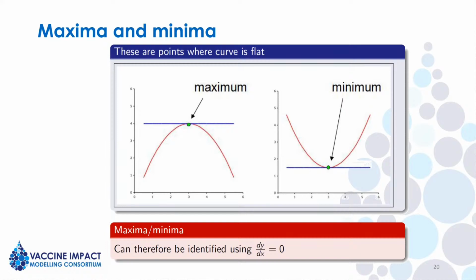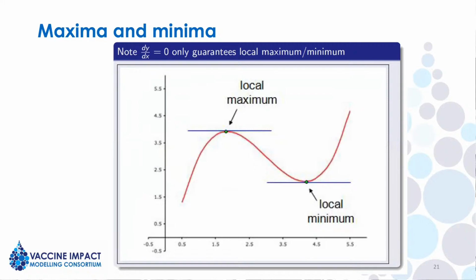So, it's useful to know that at the maximum, the minimum, or an inflection point, our tangent at that point has 0 gradient. Its derivative is 0. We can't say that that's going to be what we call a global maximum or a global minimum.